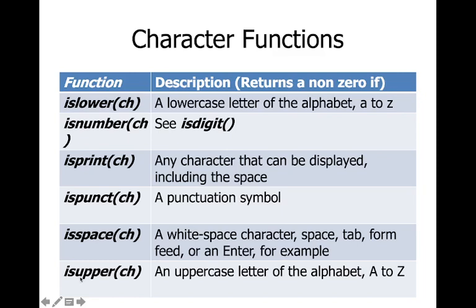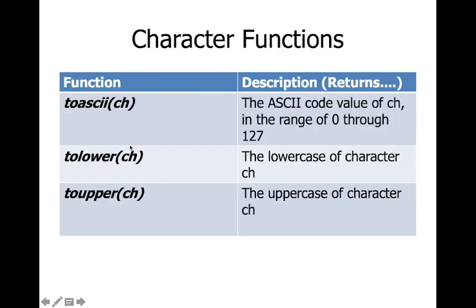Then isupper of ch. It is the same as islower. It will check whether it is an uppercase letter from A to Z. So all these are character testing functions. Now I will show the three character manipulation functions. toascii of ch means ch will be converted to its ASCII code.